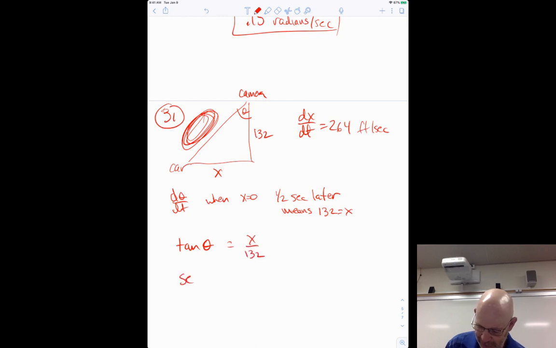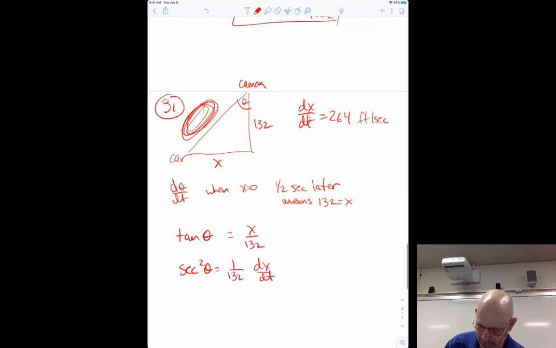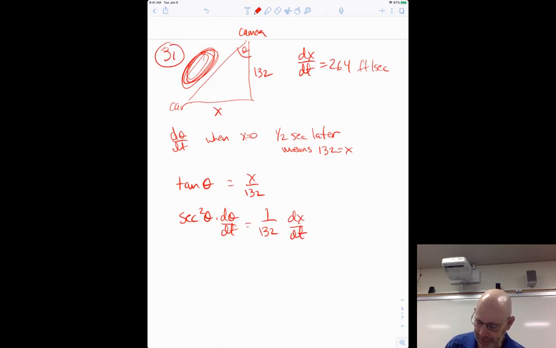We take our derivative. Secant squared theta times dθ/dt equals 1 over 132 dx/dt. Whoa, I lost a dθ/dt, let me rewrite that. You guys caught that too, right? Never want to forget that chain rule. So now we have two different things. If theta is 0, that's that first problem, right?